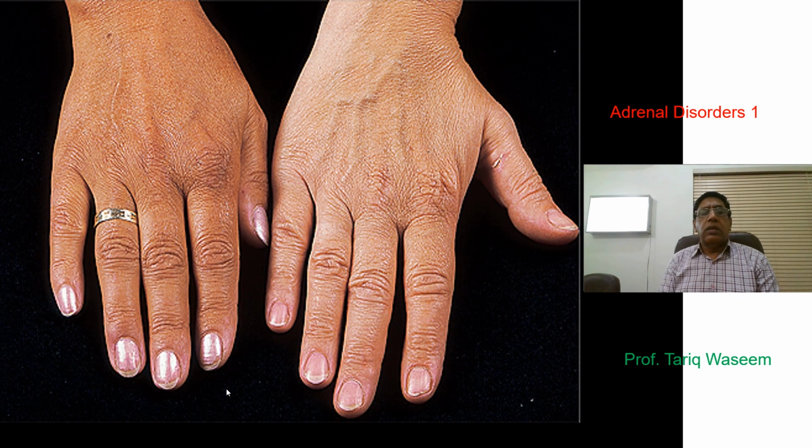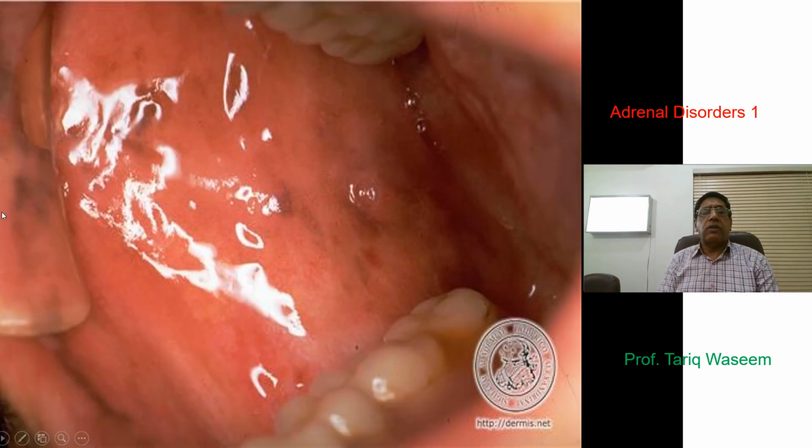This is an example of a change in complexion over some period from this type of complexion to this type, a darkening of the skin complexion.